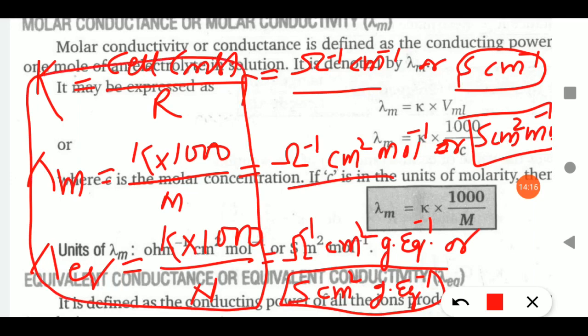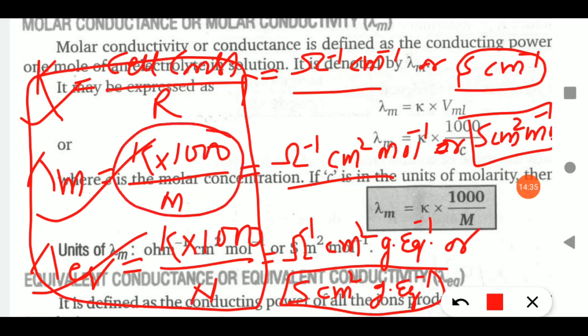Don't forget these formulae, because next time we will discuss exercises on these three formulae. Kappa is the conductivity, lambda m is the molar conductance, lambda eq is the equivalent conductance. Molar conductance is the conductance of 1 mole of electrolyte present in V centimeter cube of solution.